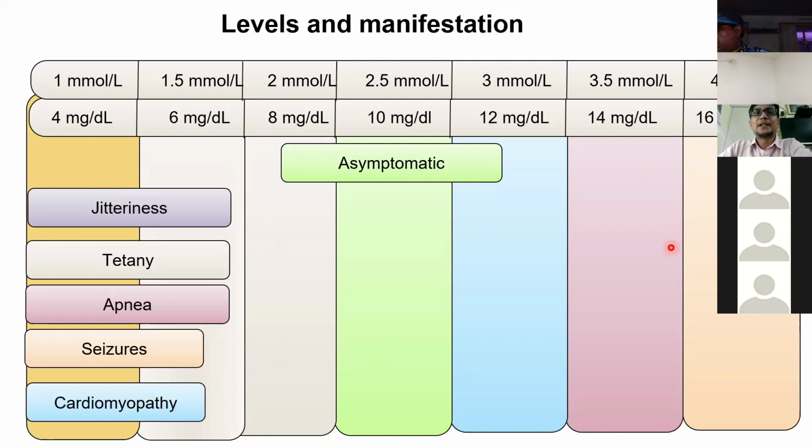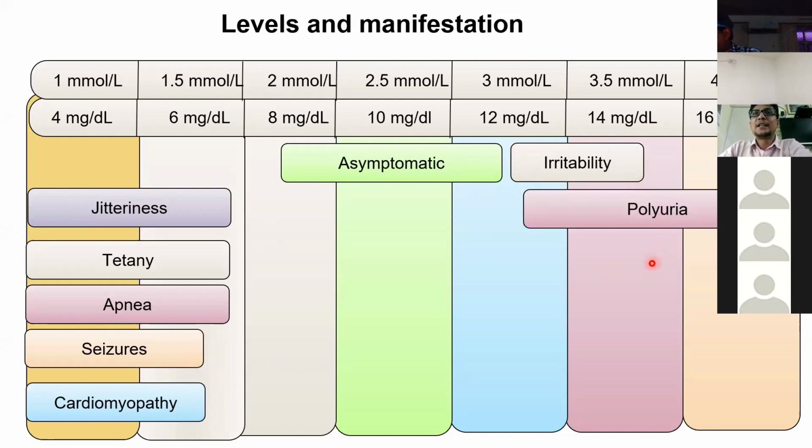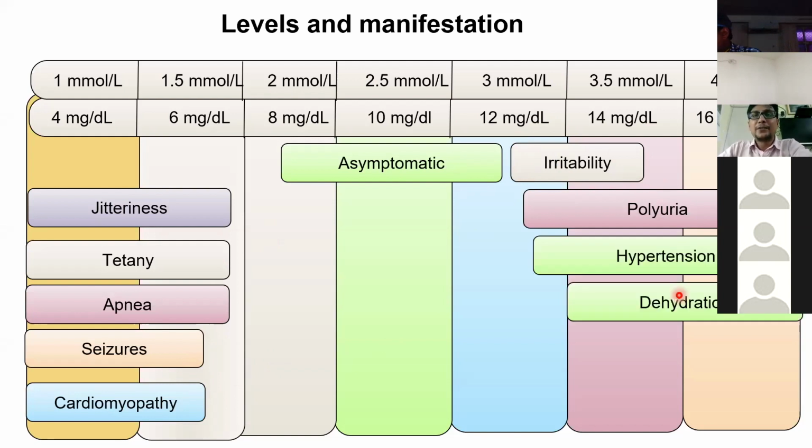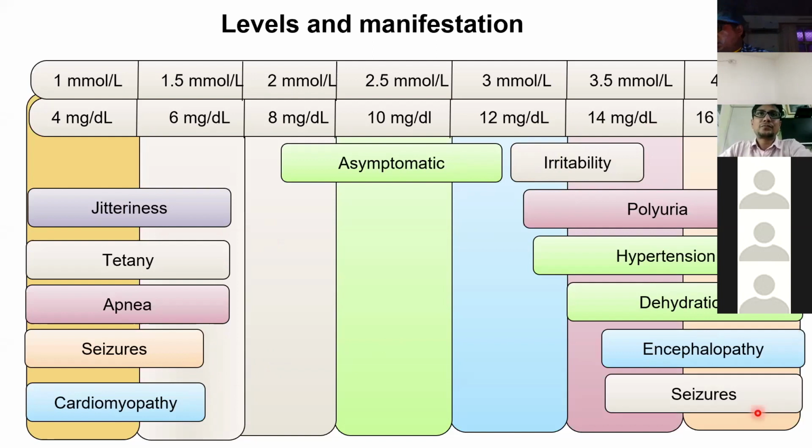On the hypercalcemic side, if it is more than 13, initially there is irritability. After that there is polyuria and hypertension, sometimes benign intracranial hypertension also, and dehydration, and ultimately the patient goes into encephalopathy.